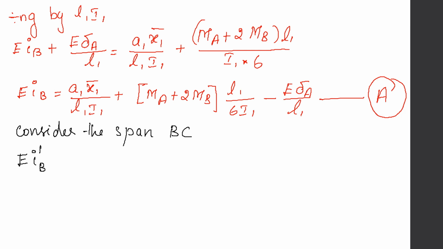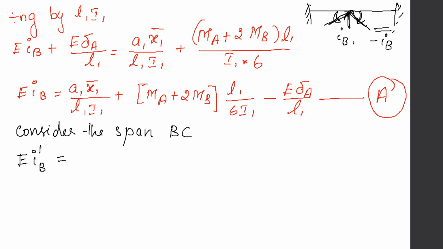When you are considering a continuous beam, the slope remains the same at both sides of the intermediate support. That was our assumption, our consistency condition which we studied in the previous portion. But the direction of the slope is different. So for the span AB, if it is IB, for the span BC it will be minus IB. That is why it is given as IB dash.